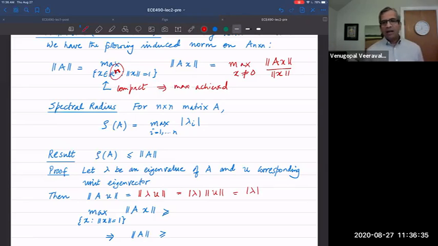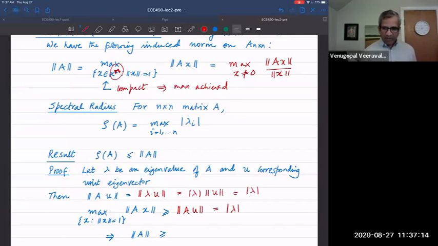But the norm of U is 1, so this is just the magnitude of lambda. Now let's compare the norm of A times U with the left-hand side here. Here I'm taking all unit norm vectors and taking the max of the norm of Ax. A specific choice of x would be this U, which is also normalized to have unit norm, so the specific choice should be smaller than the maximum. So this should hold, and we just showed it was equal to the magnitude of lambda.